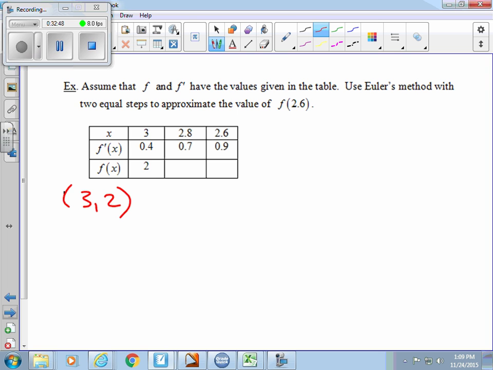If you're doing tangent lines, you do nothing different. If you're doing the table, you will notice that your delta x is negative, but other than that, okay. So y minus 2 equals 0.4 times x minus 3. I'm going to approximate the y value at 2.8.